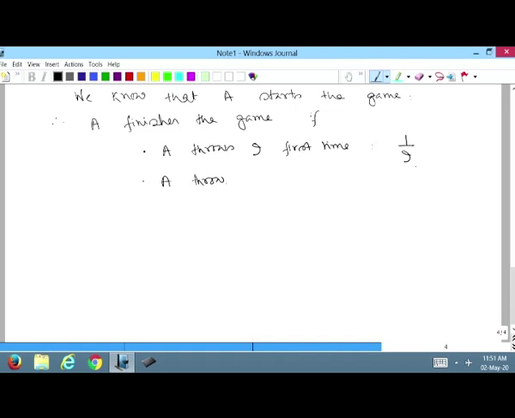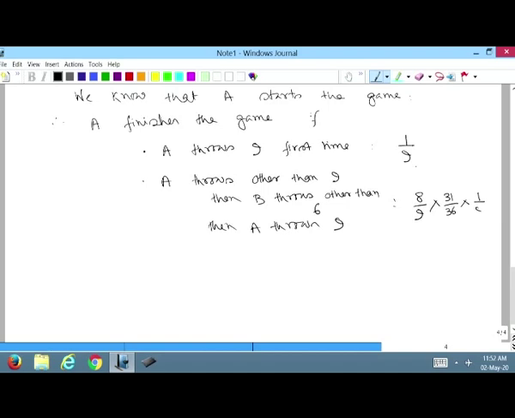Or A throws other than 9, then B throws other than 6, and then A throws 9, and this probability is 8 by 9 into 31 upon 36 into 1 by 9.